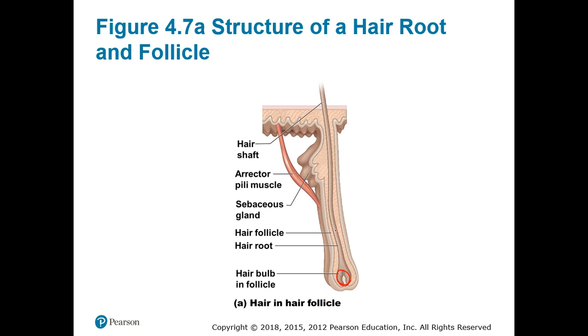Here's your root, so this is the part located underneath the skin surface. Oftentimes, remember with hair, there are sebaceous or oil glands, so I'm going to put the oil glands associated with it. We're going to talk about this erectile muscle here coming up, and then everything above the surface of the skin that you can see, this is the hair shaft.